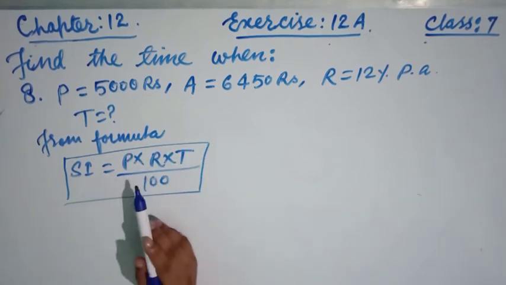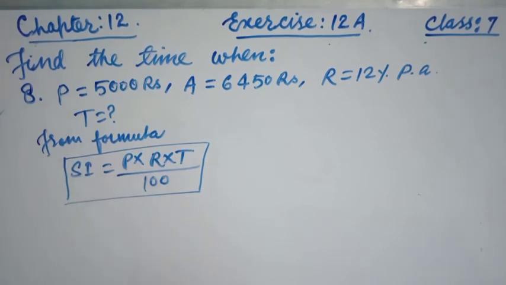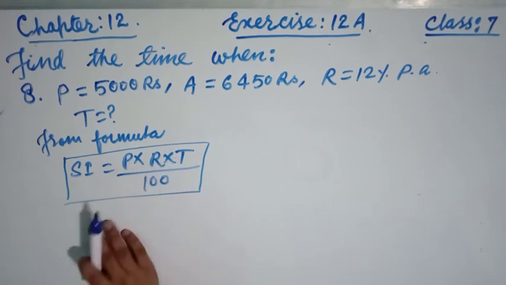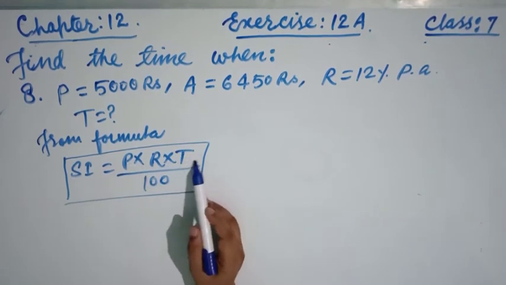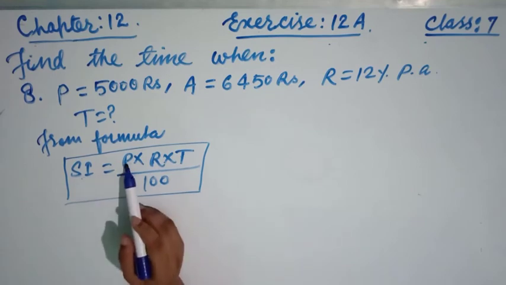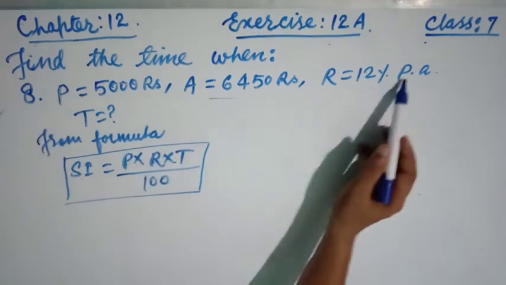So in order to find this time T, we need the values of three things, like either SI, P and R, or SI, P and T, or P, R and T. Now we have to find T, so we need SI, P and R. But SI is not given here, friends.